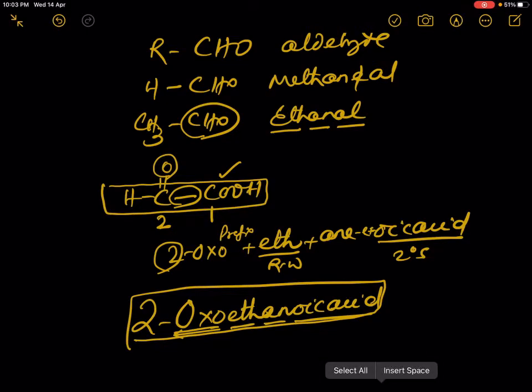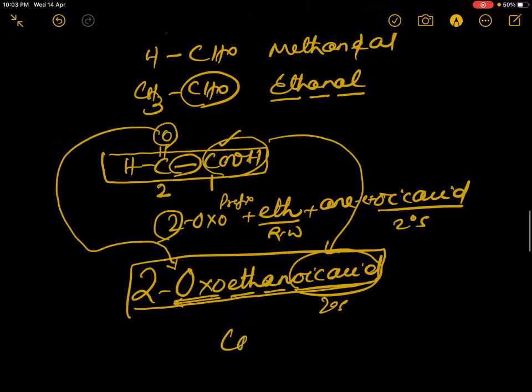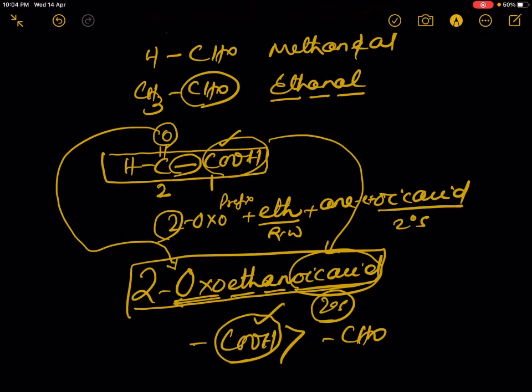Here for this O, the prefix is oxo. For this carboxylic acid, this is the secondary suffix, and here COOH has higher priority than CHO group, so it is written as secondary suffix. A functional group having higher priority is written as secondary suffix.